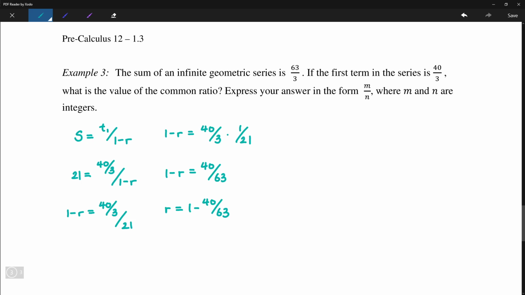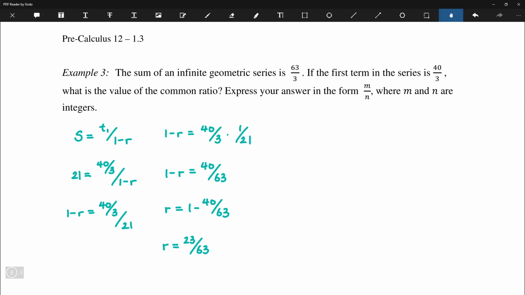And that will leave r is equal to 23 over 63, right? Because you can write 1 as 63 over 63, and then you can just subtract. Okay, so we found a common ratio, and we expressed it as a fraction. That's all we need to do. All right, one more.